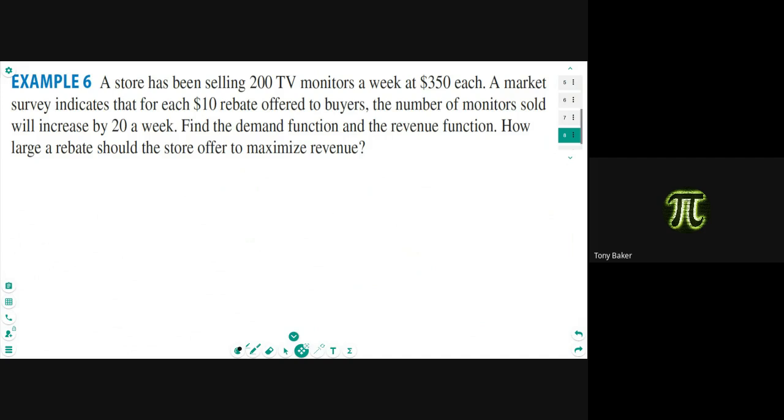So we're not necessarily looking for profit in this case. We're just looking for a maximum, or maximizing the revenue. So step one, well, we need two equations, right? The demand function, which most of you probably have never heard as the demand function.